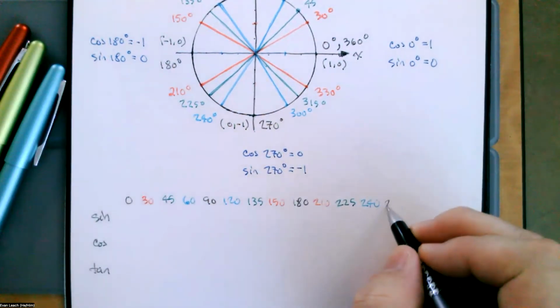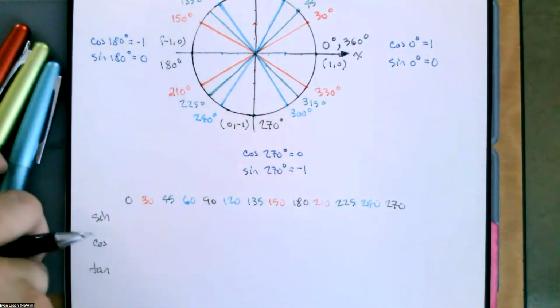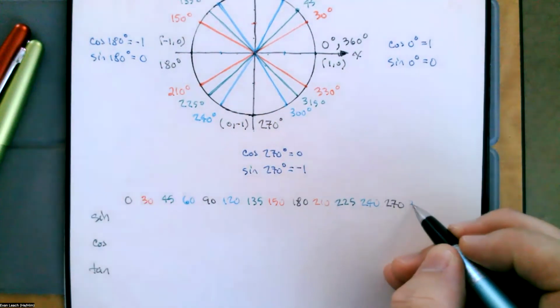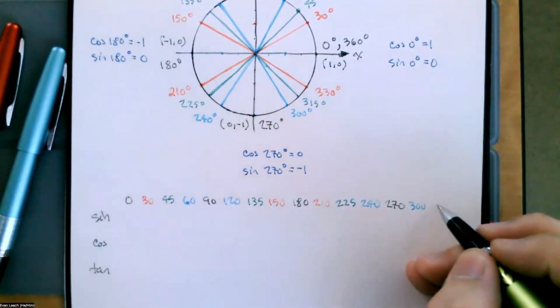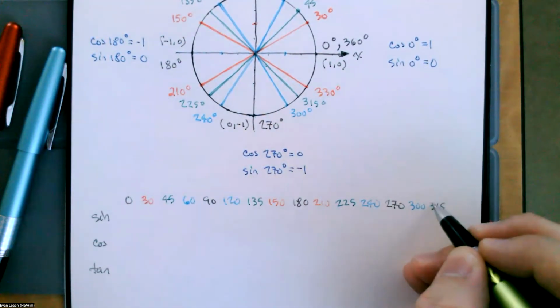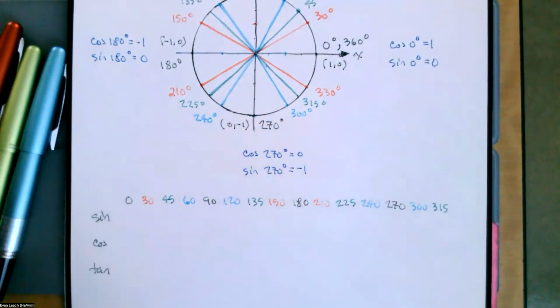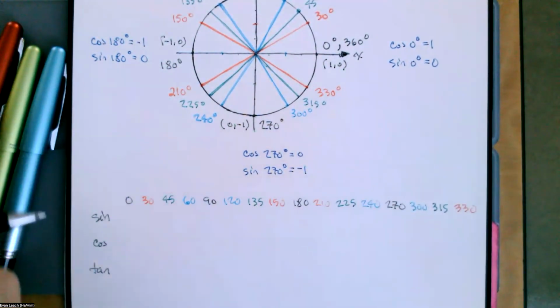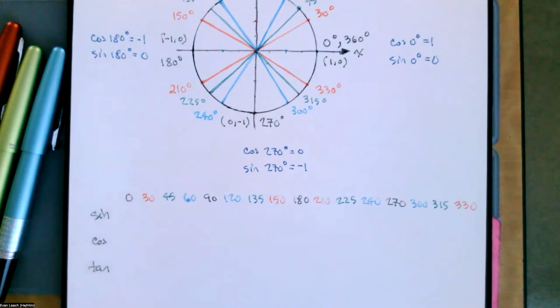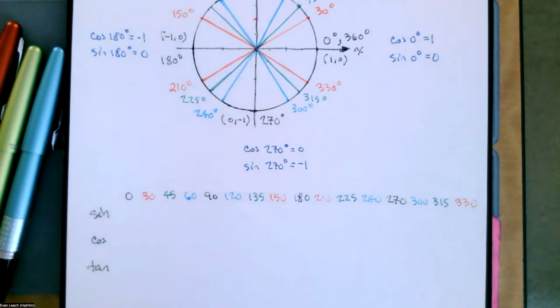But wait, there's more, 300. Will it ever stop? 315. Please make it stop. 330. And 360. Back up here.